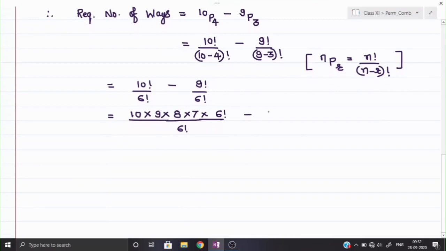So factorial 9 also I will write down in the same manner, 9 into 8 into 7 into factorial 6 as it is, upon factorial 6. Now you observe factorial 6 and factorial 6 cancel here, and here also. And one more thing, 9 into 8 into 7, that I can take common from the remaining one.